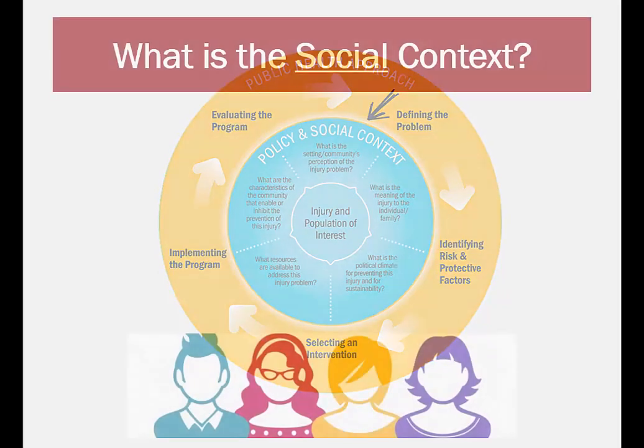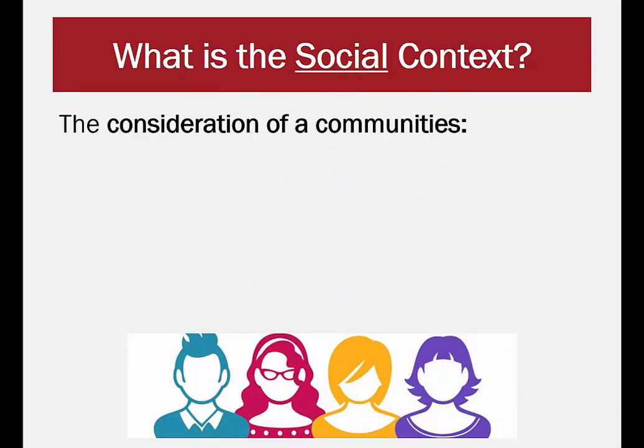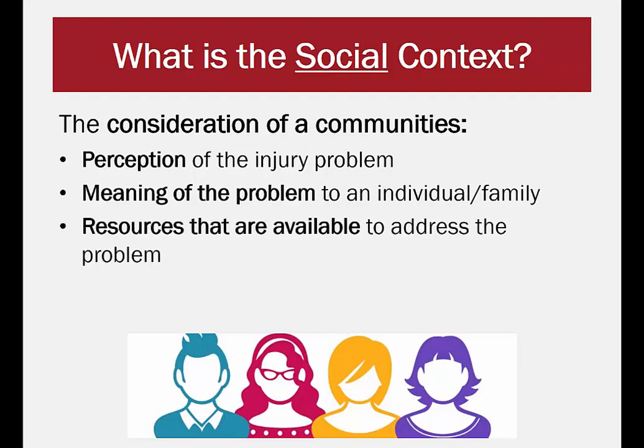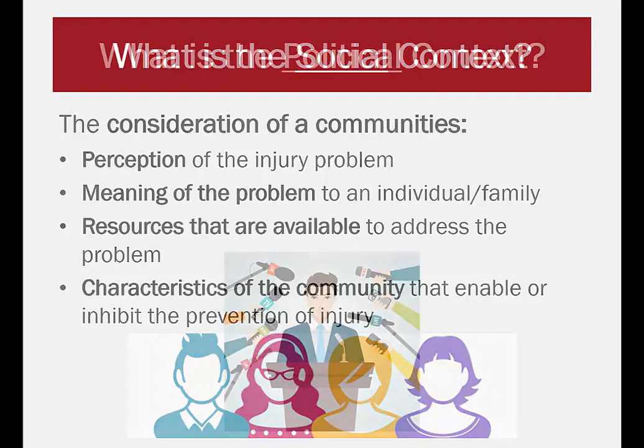The social context is the important consideration of a community's perception of an injury problem, the meaning of the problem to a community, families, and/or individuals, the resources that are available to address the problem, and the characteristics of the community that enable or inhibit the prevention of the injury problem.